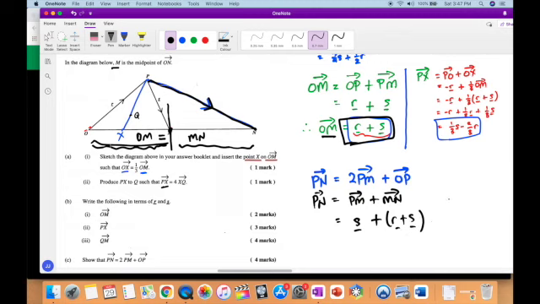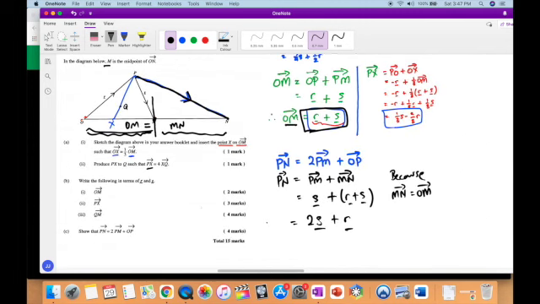Alright, and if you want, you could write here MN equals OM. Use what you have. And look at that. Just that midpoint thing alone, I was able to figure it out. And now what do we have? We have 2S plus R. And if you look at it, we see here that 2PM, or I wouldn't write that yet.